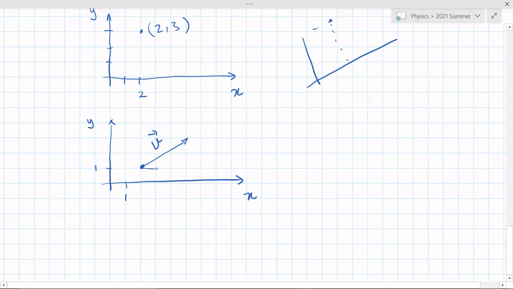So I can say, okay, this is my v sub x vector, and then another v sub y vector. V sub x component plus v sub y component equals V, and their magnitudes are just written like that.